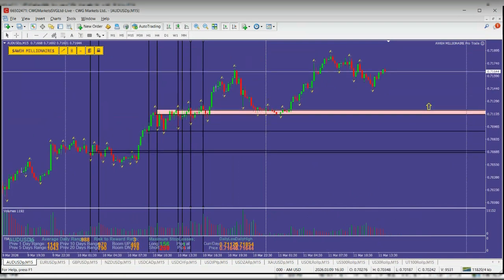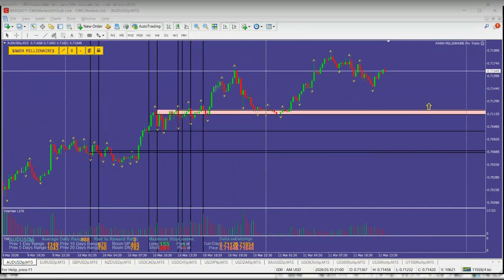So this will be the key levels of focus for AUD USD today. All right, so that's AUD USD.